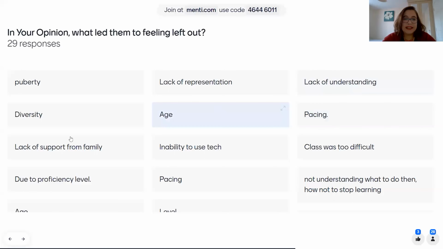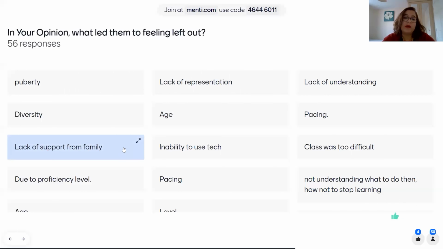Lack of understanding, age, the pace of the teaching, maybe the pace of the whole teaching and learning experience, the pace of speaking. Sometimes students complain about their teachers being too quick or too fast in moving from one session, one lesson to another, or in their way of speaking as well.